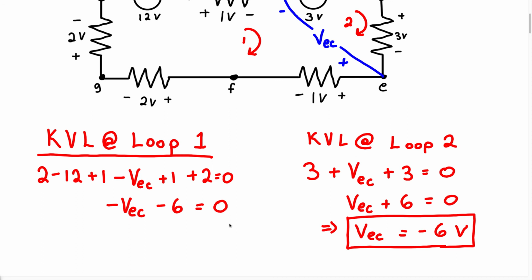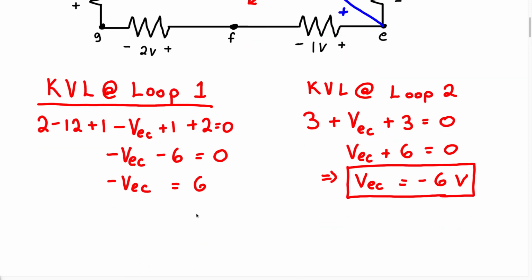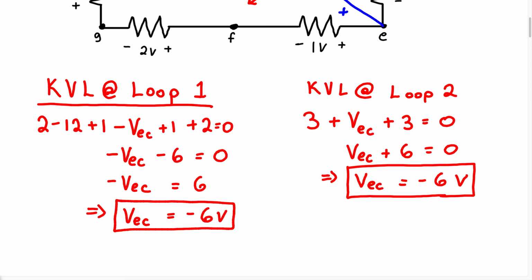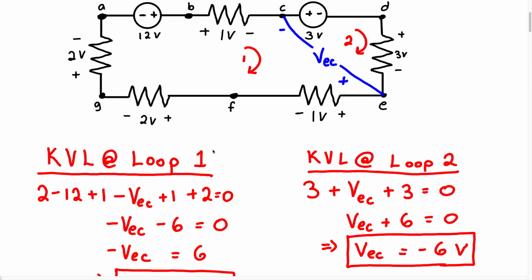We're going to take the 6 over, so we have minus VEC equals positive 6. Therefore, VEC equals negative 6 volts. And this is the same answer you got when you took KVL at loop 2. So as you can see, there are 2 different ways we can solve this problem. Actually 3. But with the KVL method, there are 2 different ways you can solve this problem.